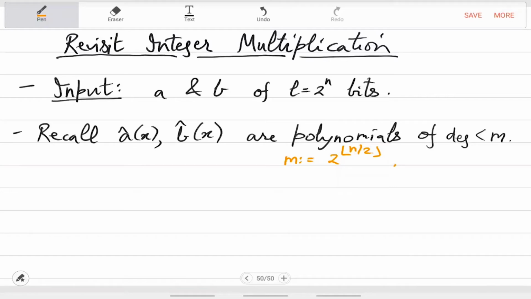And there will be a k, which is 2 raised to n by 2 ceiling. So basically k times m is L. This is what we have done. And k and n are around square root L. Okay.